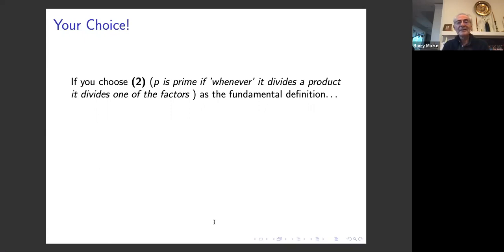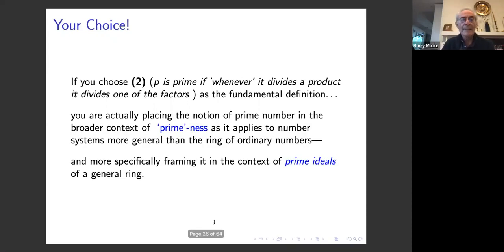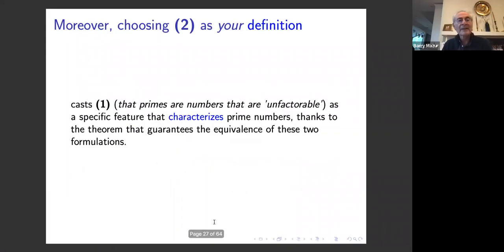If you choose the divide and conquer type of definition as the fundamental definition, you're doing something more than just making a random choice. You're actually placing the notion of prime number in the broader context of primeness as it applies to number systems much more general than the ring of ordinary numbers. And more specifically, you're framing it in the context of prime ideals of a general ring. You're saying that a prime number is a prime ideal in the ring of integers. And that's definition 2.